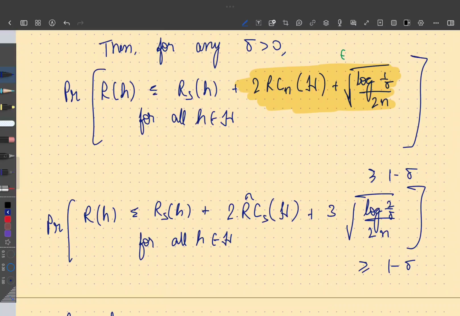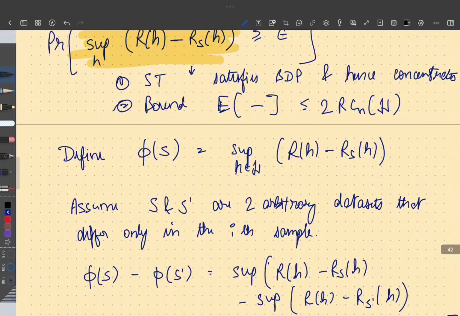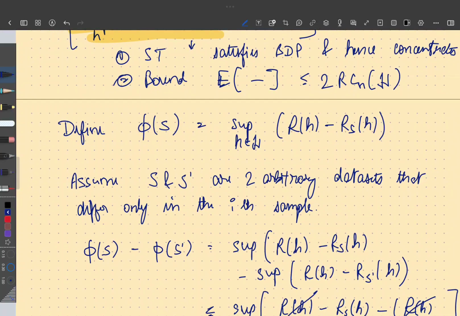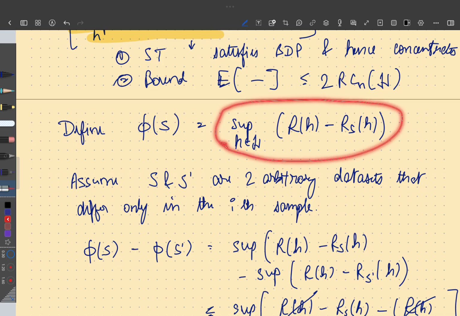We didn't quite prove uniform convergence, because ultimately we proved a concentration inequality for this particular quantity. To prove uniform convergence, you need one more step, which is you take supremum over all h of Rs of h minus R of h, and then show that both of them are upper bounded. Then you just take a union bound.